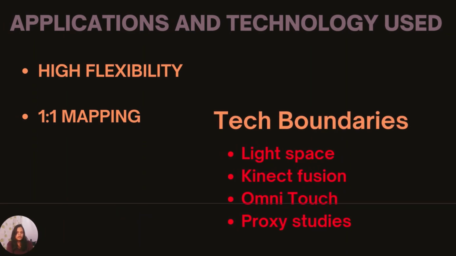Also, there are its applications, and now let's talk about the technology used. Applications: it comes with very high flexibility, and the second advantage is 1:1 mapping. Now, the tech boundaries. The technology utilized is LightSpace, KinectFusion, OmniTouch, and proxy studies.